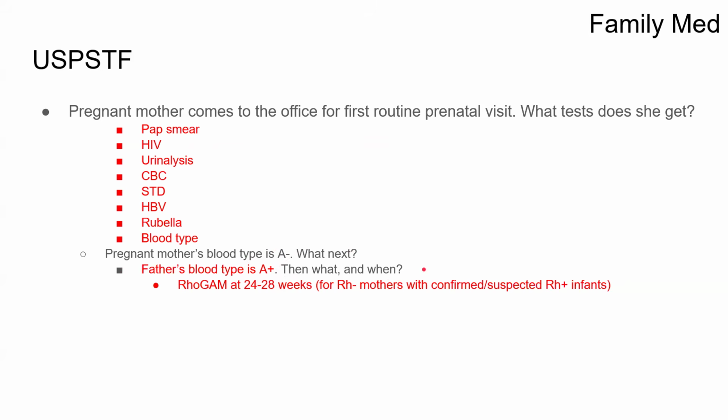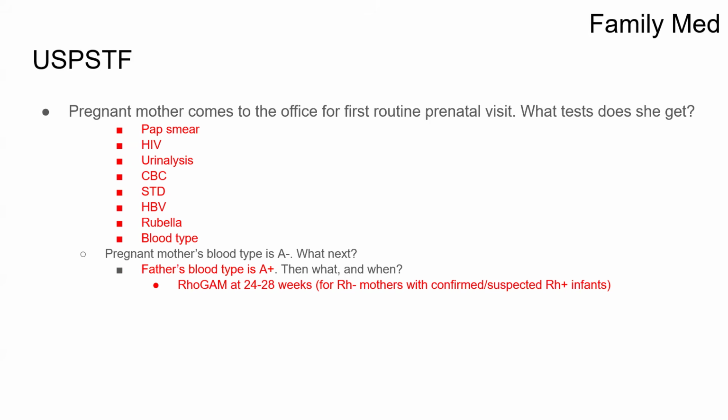There are some other situations in which you give the RhoGAM earlier, and generally that's if there's a suspected or confirmed fetal-maternal hemorrhage. So anytime you're doing an invasive procedure like an amniocentesis or percutaneous umbilical cord blood sampling, or if there's any sort of abortion, so a threatened abortion, spontaneous abortion, or an abortion done in the office, and so on and so forth.